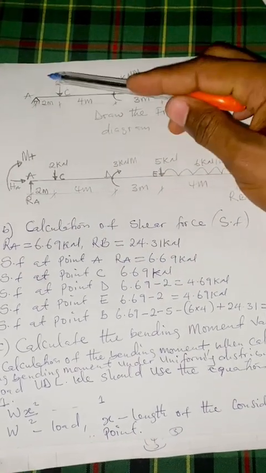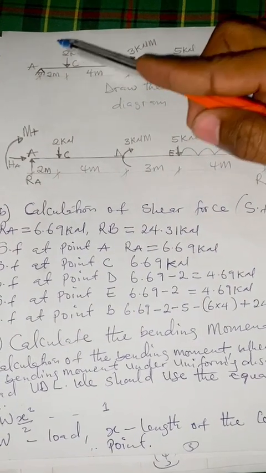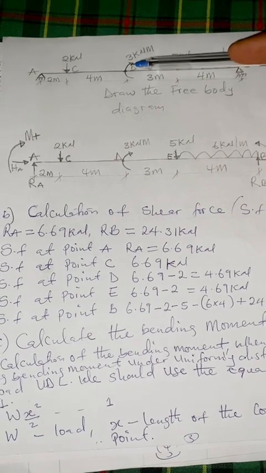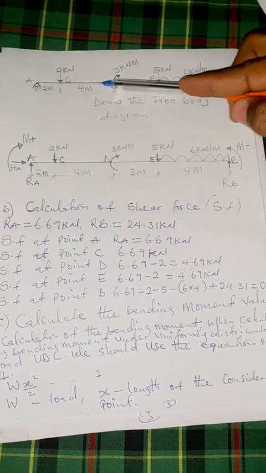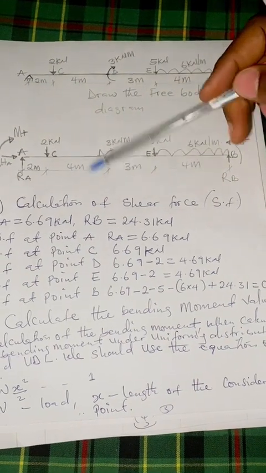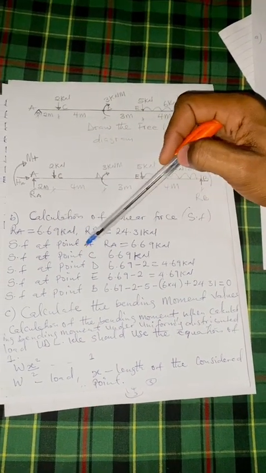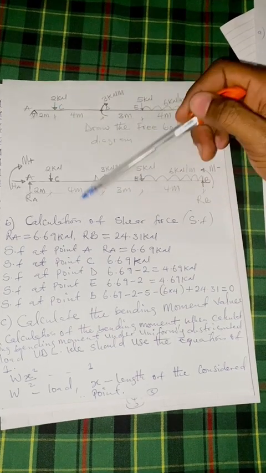Now shear force at point D: we have A to C, because we have not crossed D, so automatically we have it as 6.69 minus 2.